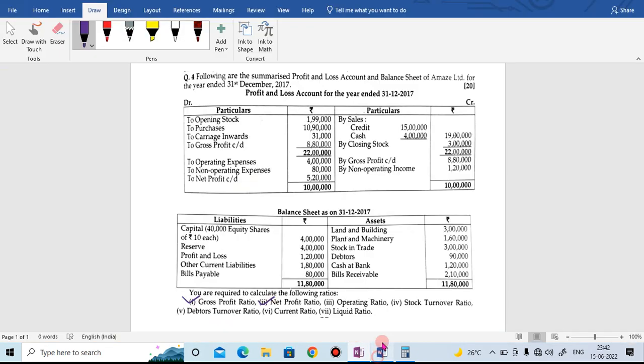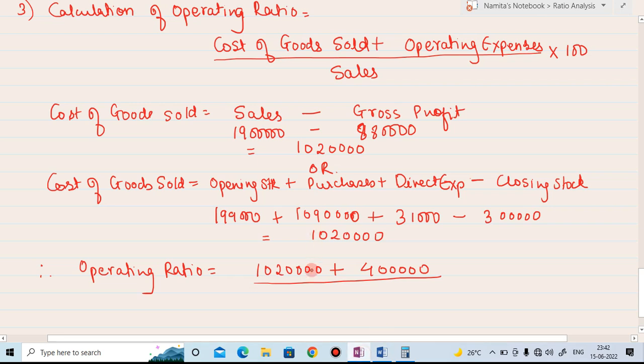sales. Sales is 19 lakh rupees, multiplied by 100.